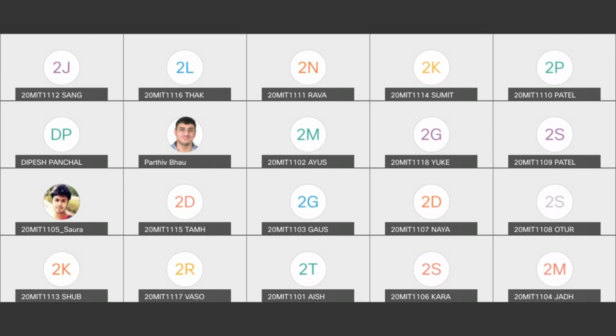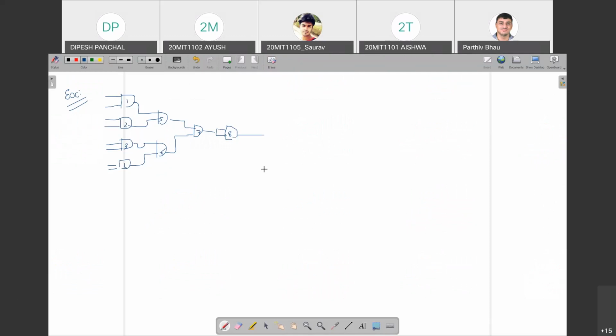This is also something we have seen. The answer is very well known to you. 1, 2, 3, 4, 5, 6. Sir, your screen is not visible. Oh yeah, let me share the screen. Now, there are 8 gates.